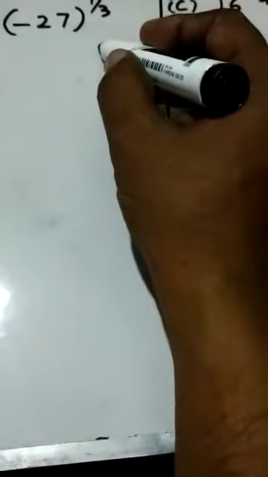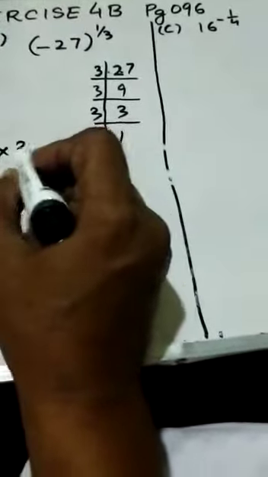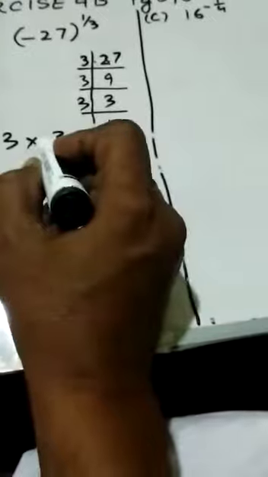Now this is another question of the same type. It is 27, actually it is minus 27, and we will divide it by 3. When we find prime factors, we don't need to put the negative sign. 3 9s are 27, and 3 3s are 9, and 3 1s are 3. So 3 into 3 into 3, and we will put a negative sign with every 3.